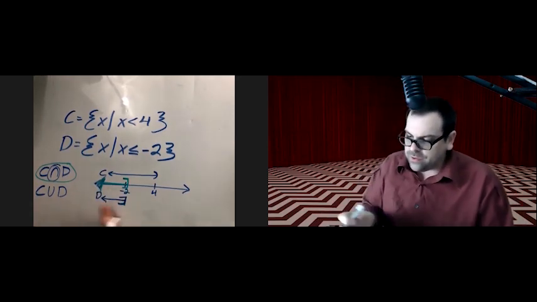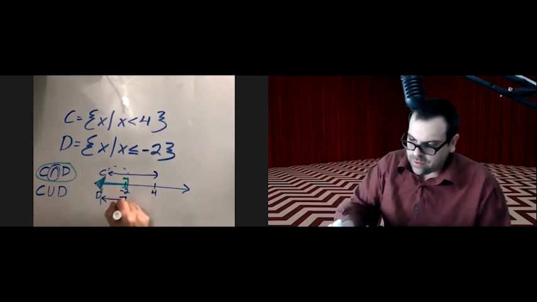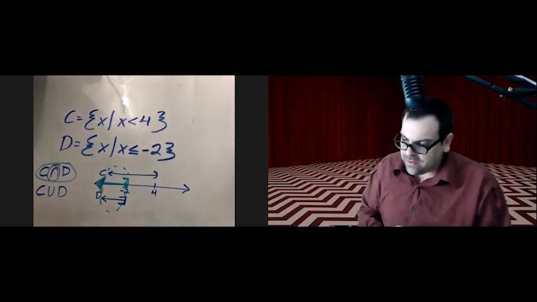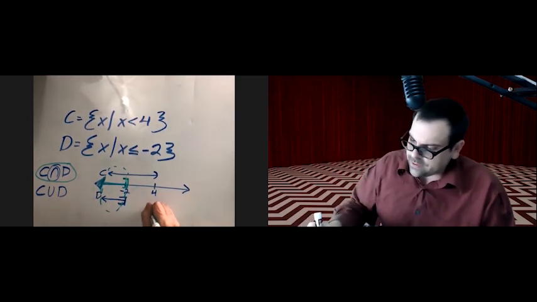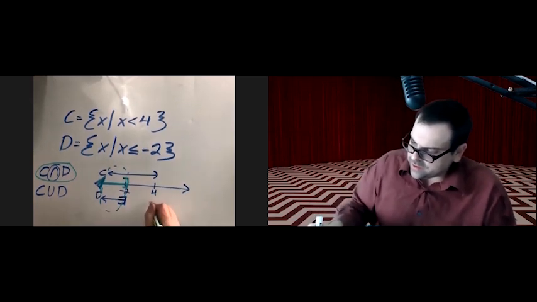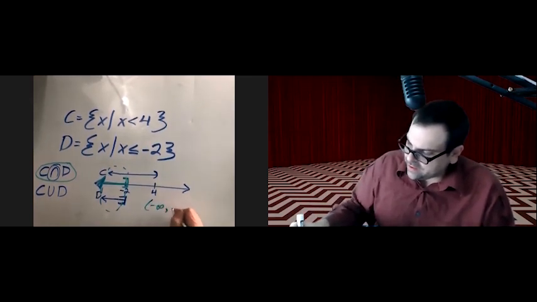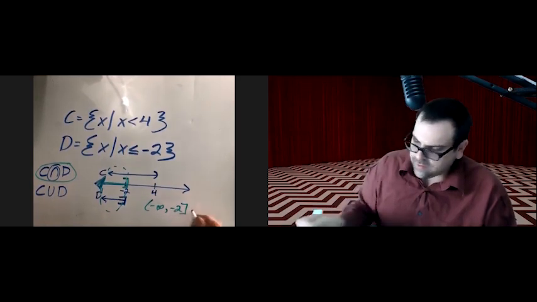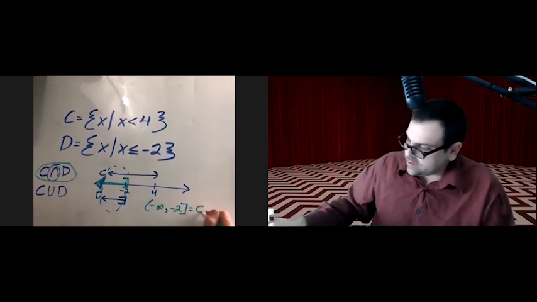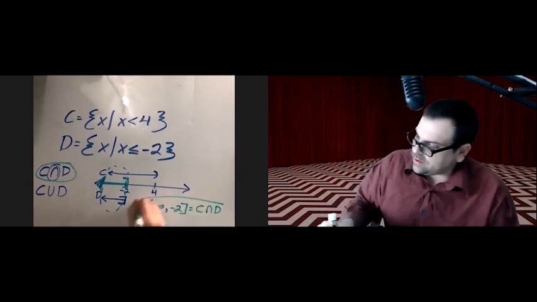From -infinity to -2. Let's keep it in interval notation. That's going to be C intersection D.